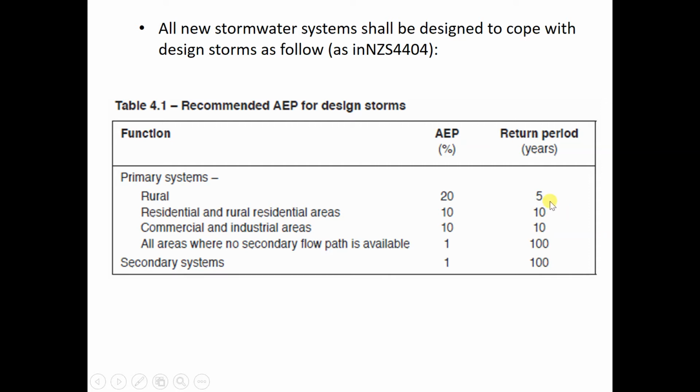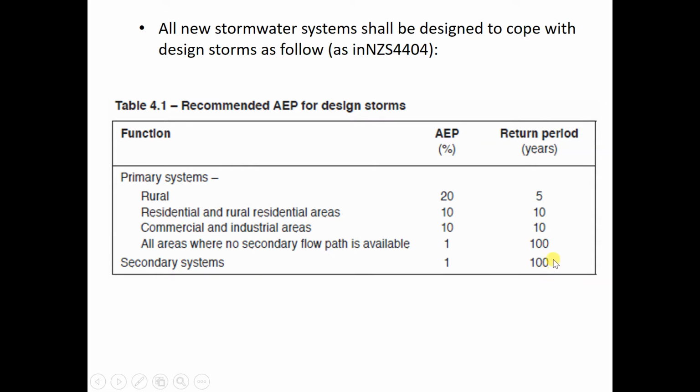The rural area is allowed to flood once in 5 years, and the commercial is 1 in 10 years. When there's no secondary flow path, in a certain place where you don't have a road to be used as a secondary flow path, then you have to design for 1 in 100 years.